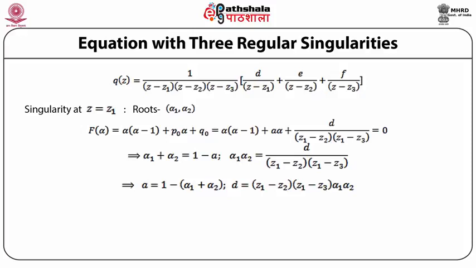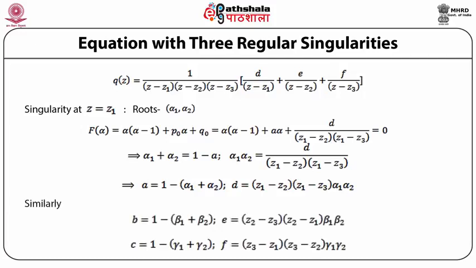Thus, a is equal to 1 minus (alpha 1 plus alpha 2), d is equal to (z1 minus z2)(z1 minus z3) alpha 1 alpha 2.